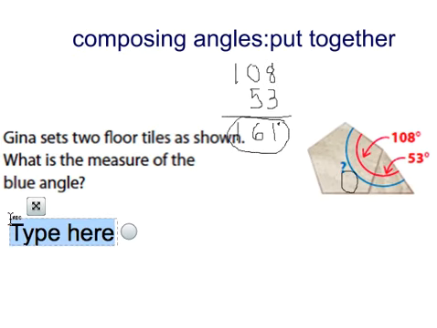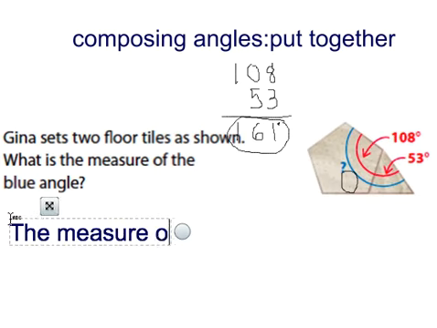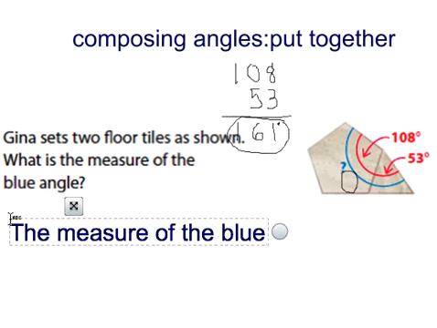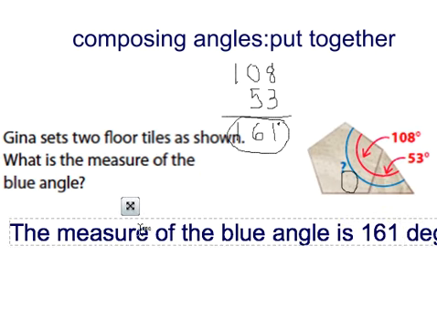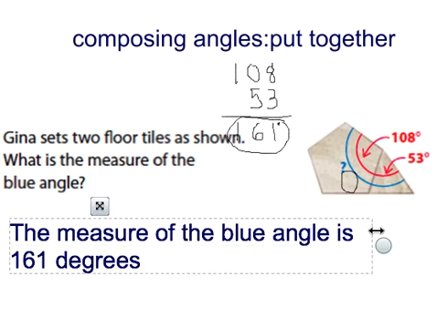And I would say the measure of the blue angle is 161 degrees. Period. This is composing an angle. If you are putting together two smaller angles, you add.